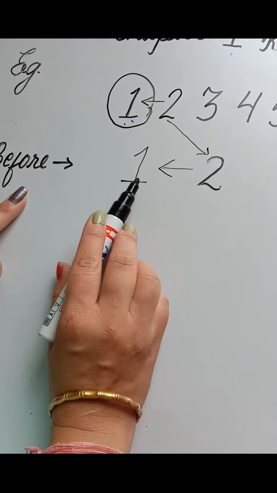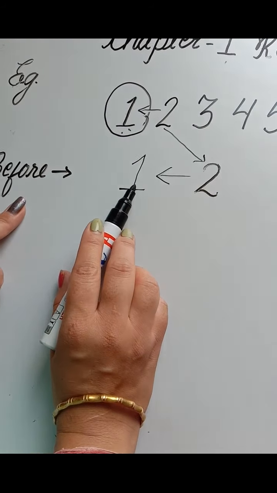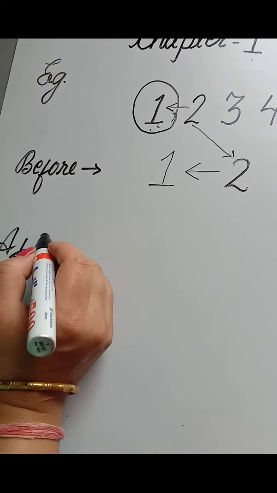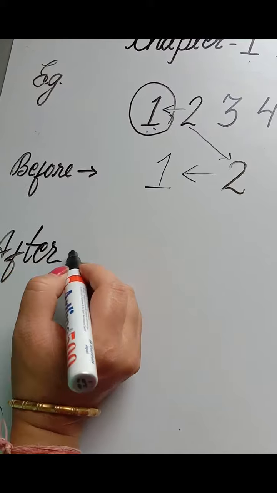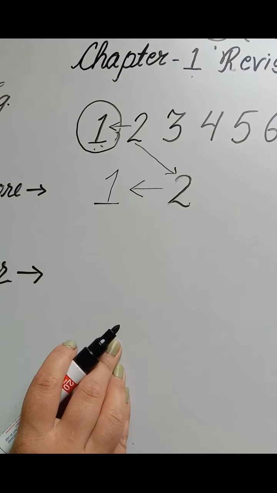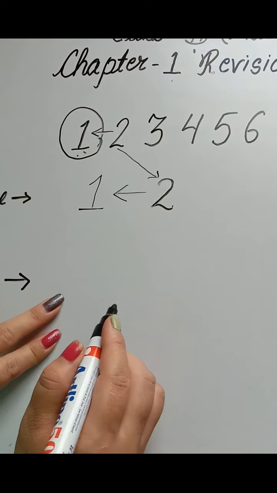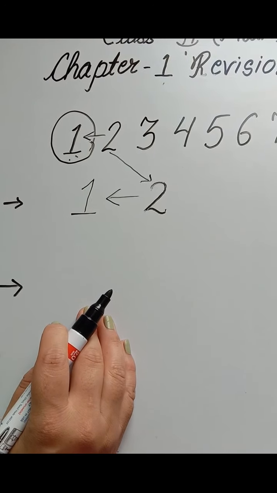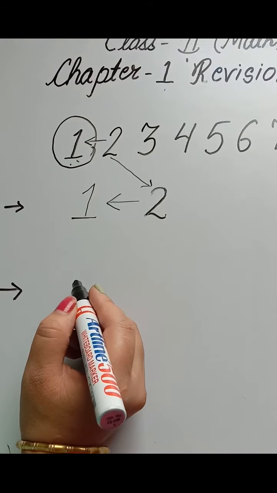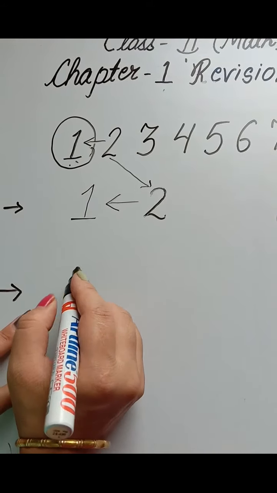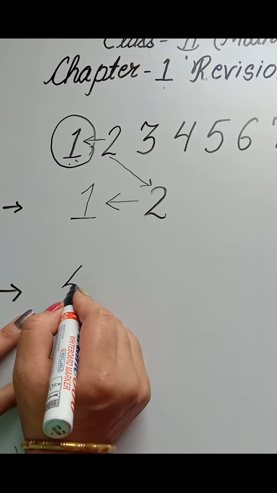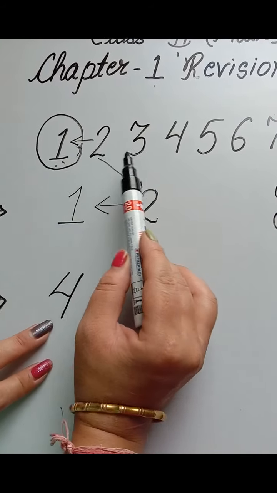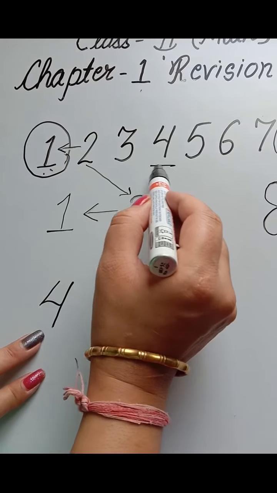The number which comes just before the number is called before. Now look here, after. What is after? After is the number which comes just after the given number. If I say 4, where is 4 in the number series? Here.